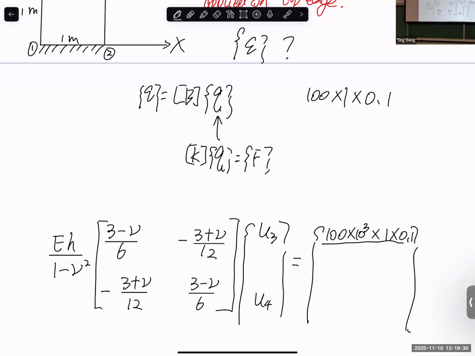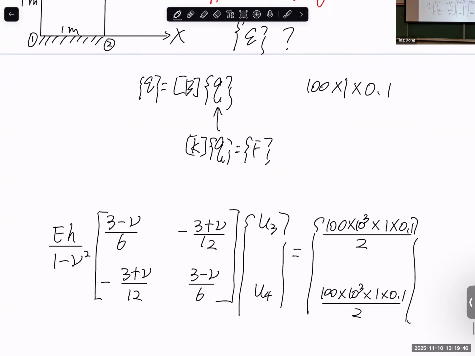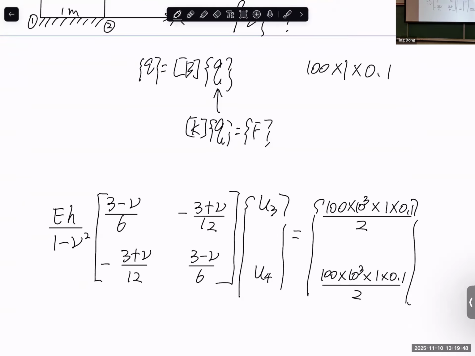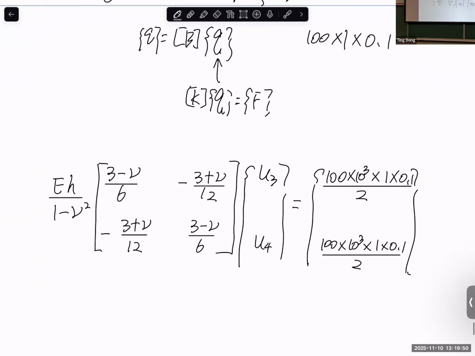And since it's a uniform distributed force applied on the edge, we take half to node 3 and node 4. So solving this 2 by 2 matrix equation, we have U3 equal to U4 equal to 2.5.